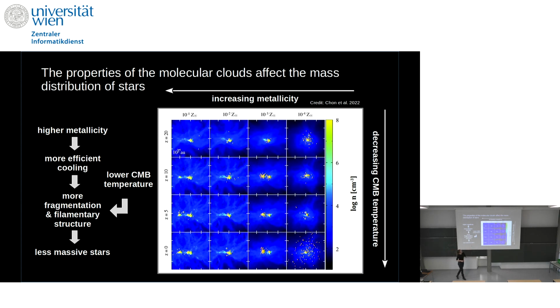If you have hardly any metals, you only have hydrogen, or mostly hydrogen and some helium. If you look at the cooling function, with hydrogen you can cool down to 10 to the 4 Kelvin, and with molecular hydrogen to 100 Kelvin. If you then do a rough estimate with a Jeans mass criterion, you see this much mass can collapse to one part.